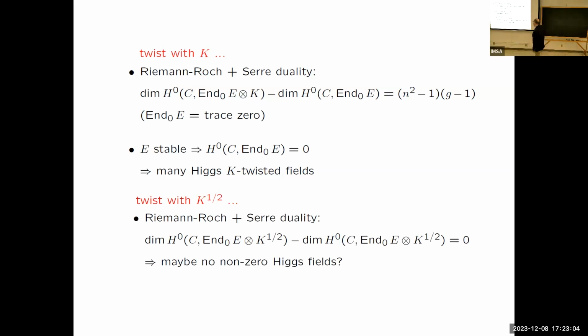On the other hand, as I pointed out, in the case where we just have K to the half, Riemann-Roch gives us nothing. So maybe there are no non-zero Higgs fields. It's possible that if we take a nice stable bundle, we may not be able to find any of these K to the half spinor-valued Higgs fields.